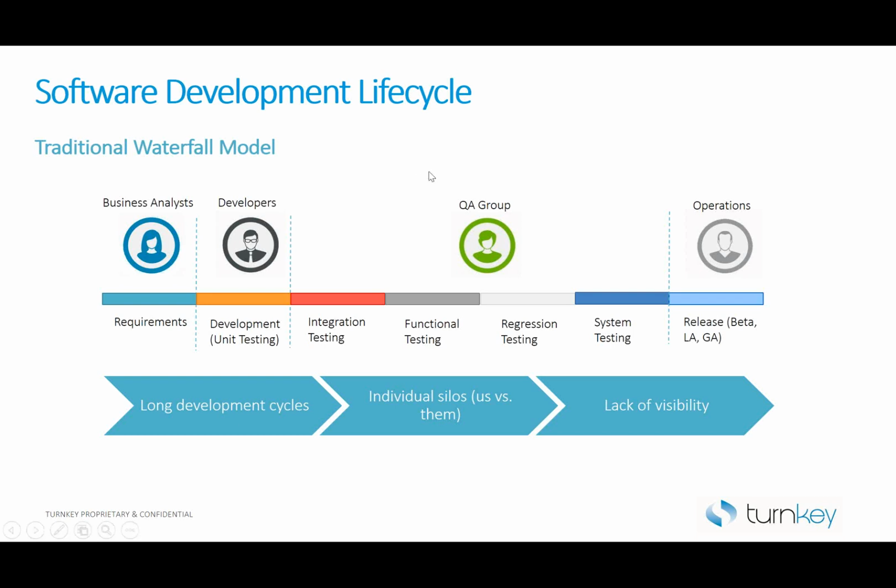This traditional waterfall approach pushes feature completion first with gated approvals, followed by lengthy QA testing and bug fixing cycles that drive up costs. Long development cycles, silos, and lack of visibility and collaboration are not sustainable in today's world of having to change rapidly in order to keep up with competitors and customer demands, while at the same time keeping quality high and cost low.